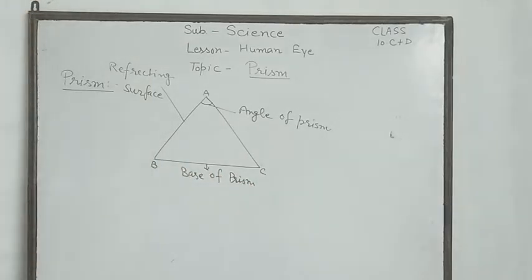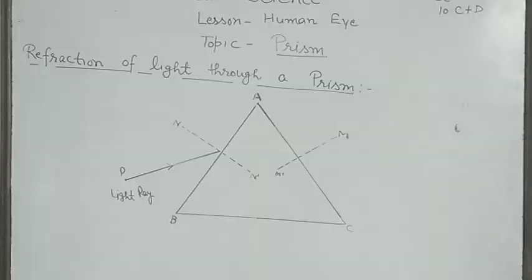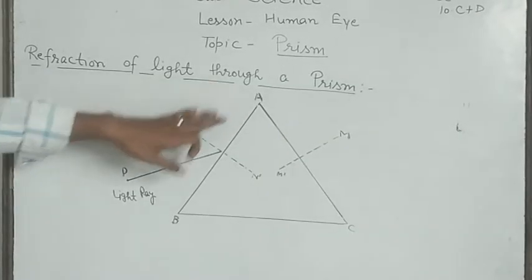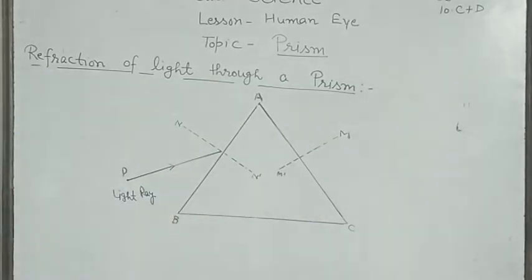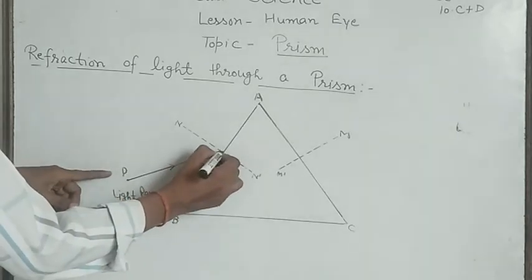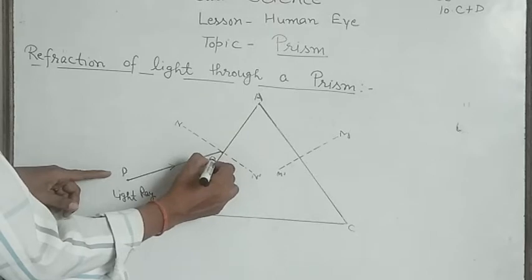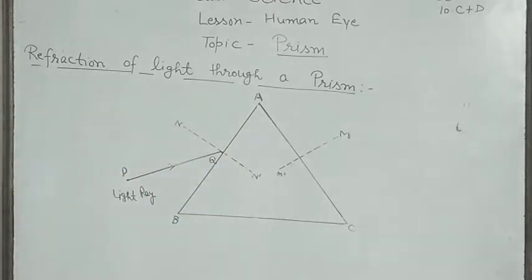Now we discuss the refraction of prism. This is the prism ABC. Here PQ is the incident ray.